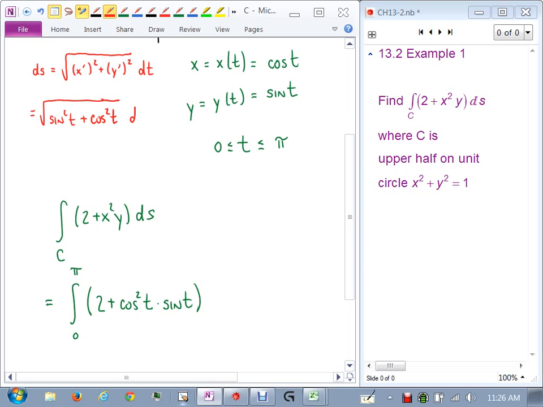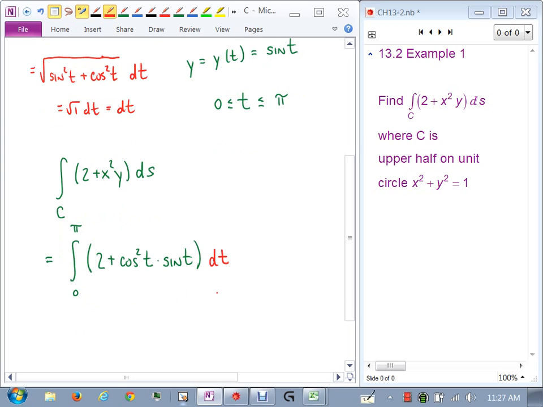Isn't that nice? Just one, right? Pythagorean identity. Square root of 1 dt, which is just dt. So my ds is just dt. It just so happens in this particular problem, that's what it is. Lucky for us.